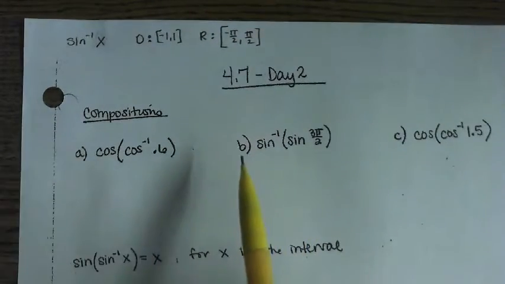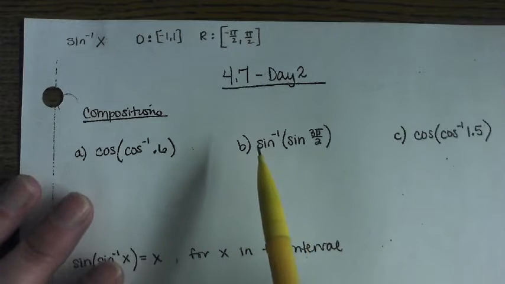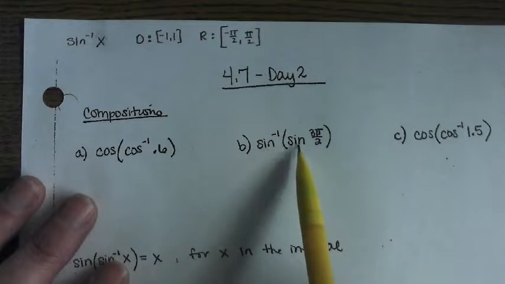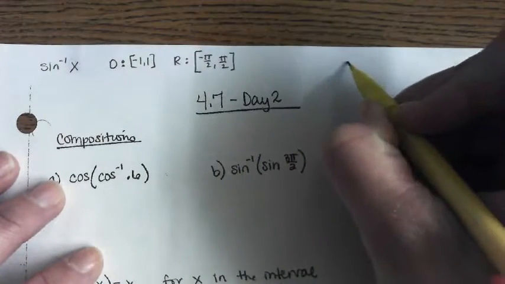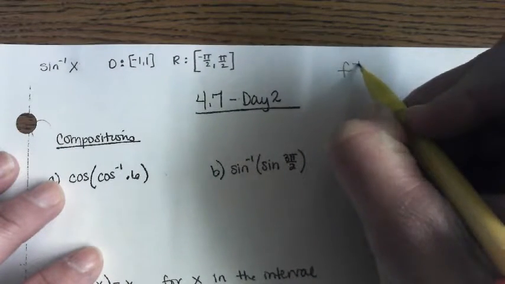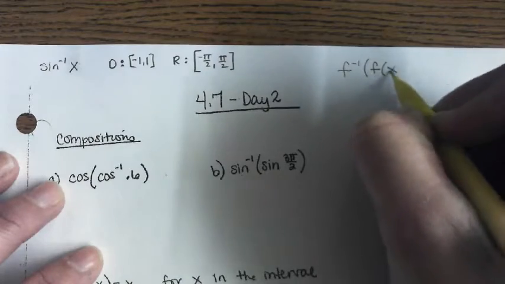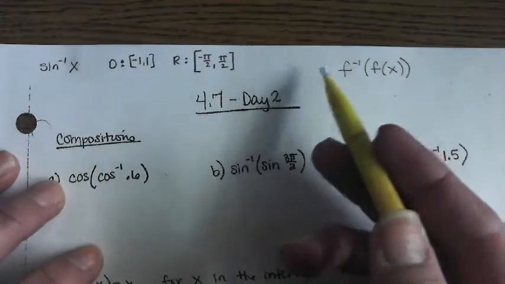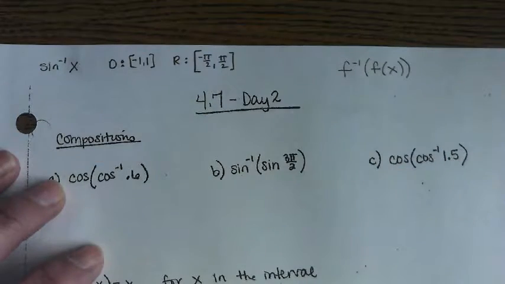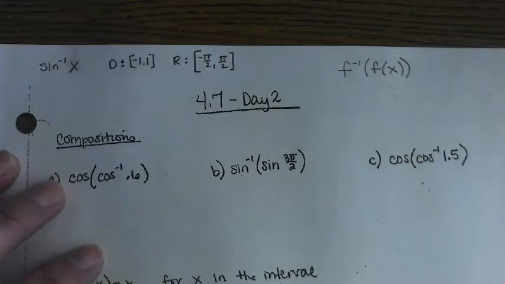So what you saw in your homework and you're going to see more of is an inverse sine up against a sine, or like the composition of a sine with its inverse, or a cosine and its inverse. And last year you learned with basic functions that f inverse of f of x, so if you compose a function with its inverse, they essentially undo each other, right?